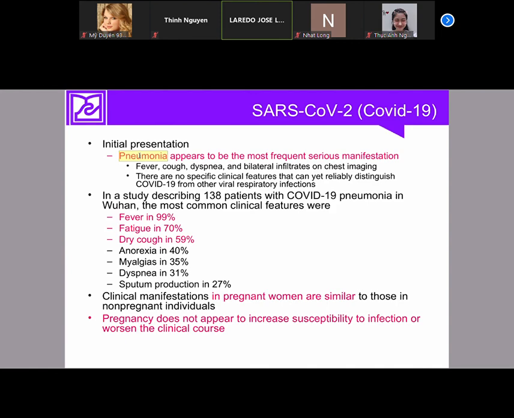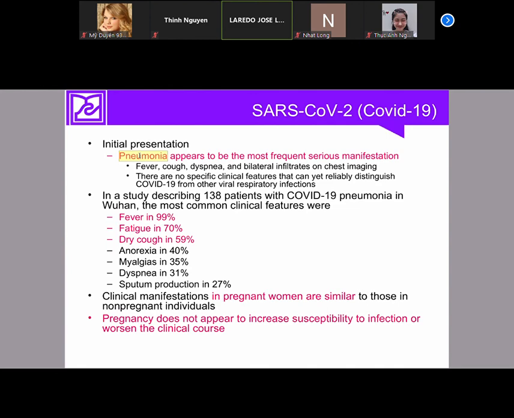In the beginning, the pneumonia is not very severe. It's very mild. It's related with the replication of the virus. However, when the patient becomes very severe, it seems that severity is related with the immune response, with interferons, interleukin 6, and other cytokines.